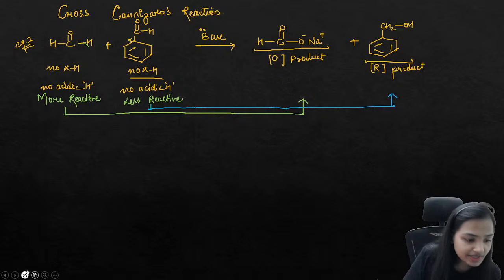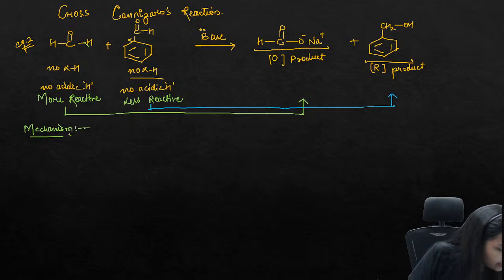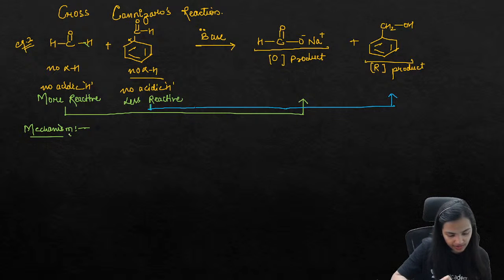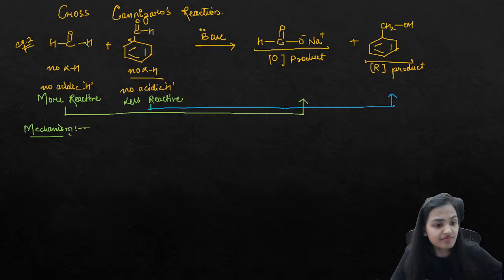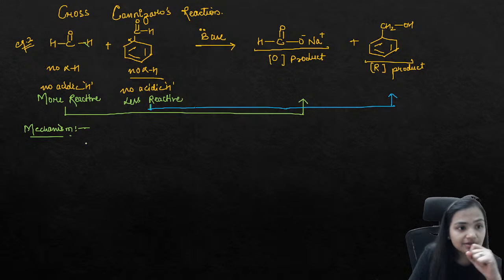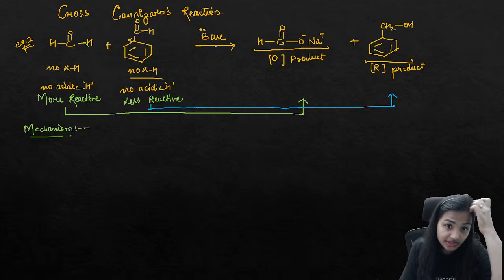Now let us look at the mechanism, how it is actually happening. Okay, let's focus on the mechanism. Ready, bachcho? Ready to know how we are getting all this? Very nice. Okay, so looking at the mechanism, the first step is I have these two things and I have to do the reaction with the base.